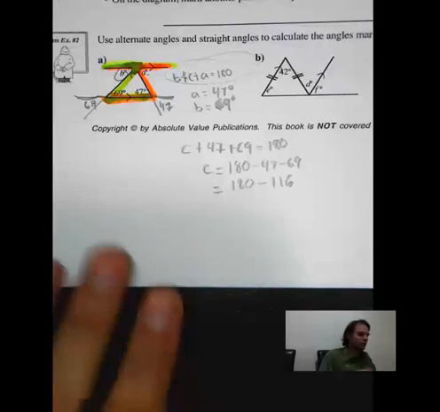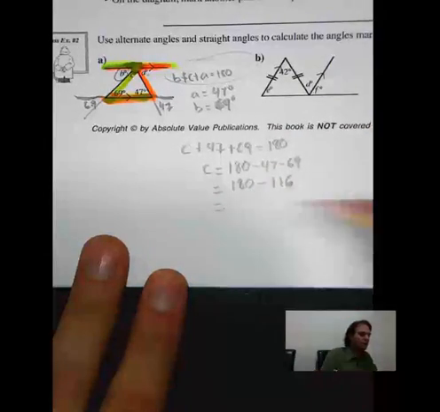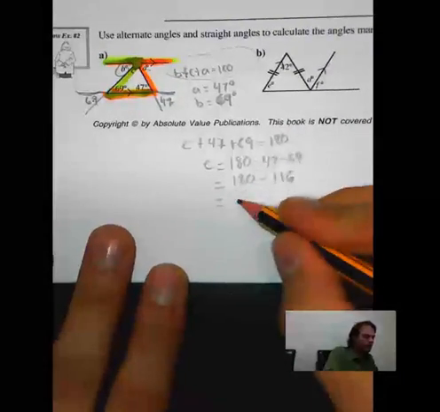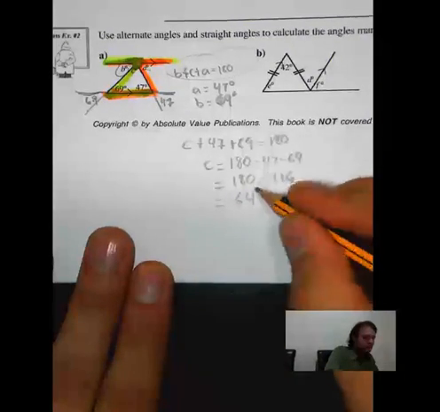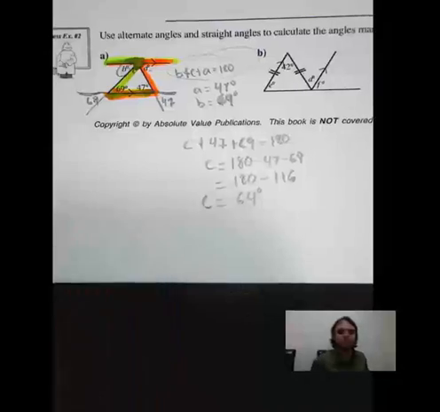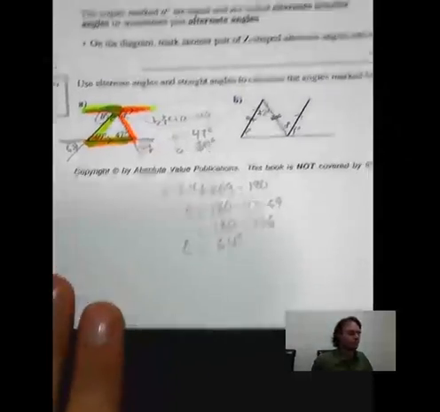So we subtract 116 from 180 and we get 64. So we have 64 degrees for C. There we go. Now we are done that one.